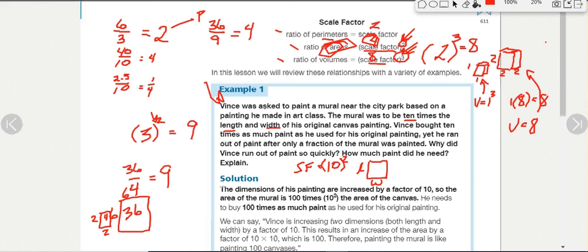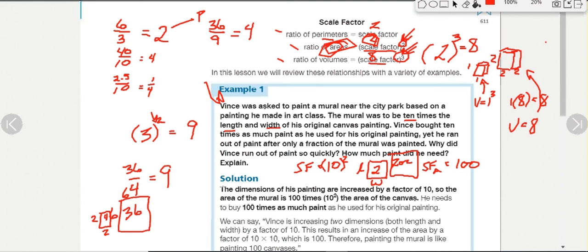That means the scale factor for area needs to end up being a ratio that comes to 100. So if this area had been, let's say, 2, the new area needs to be 2 times 100. The new area would need to be 200.